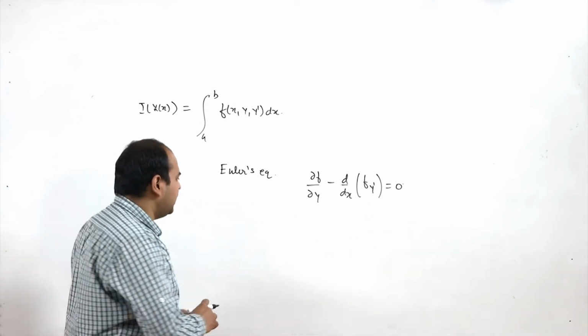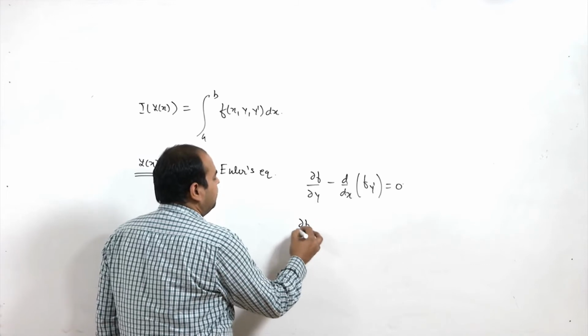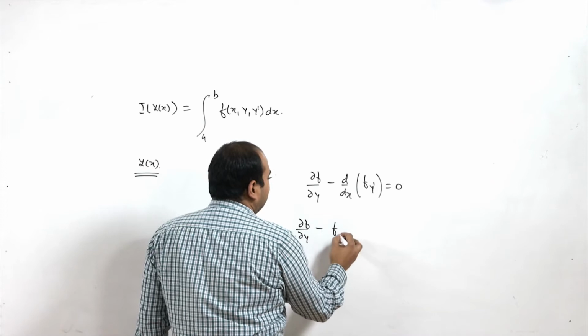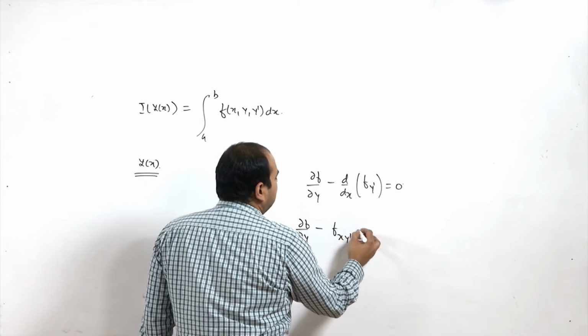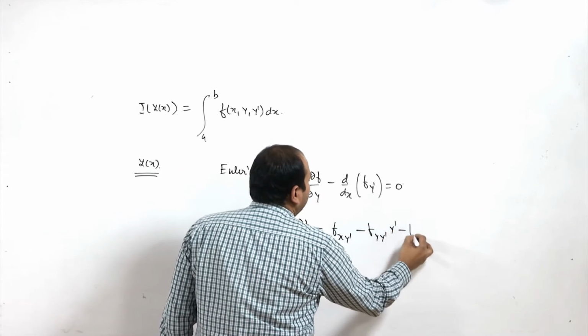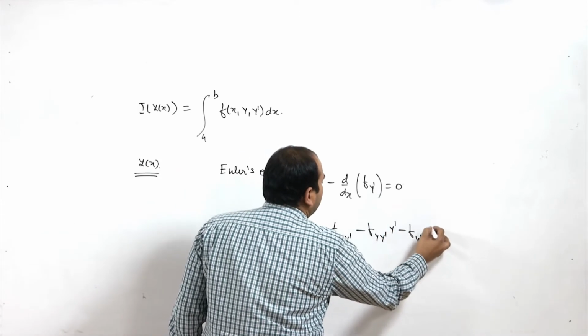If you simplify this, it is nothing but dou f by dou y minus f of x y dash minus f of y y dash minus f of y dash y double dash.